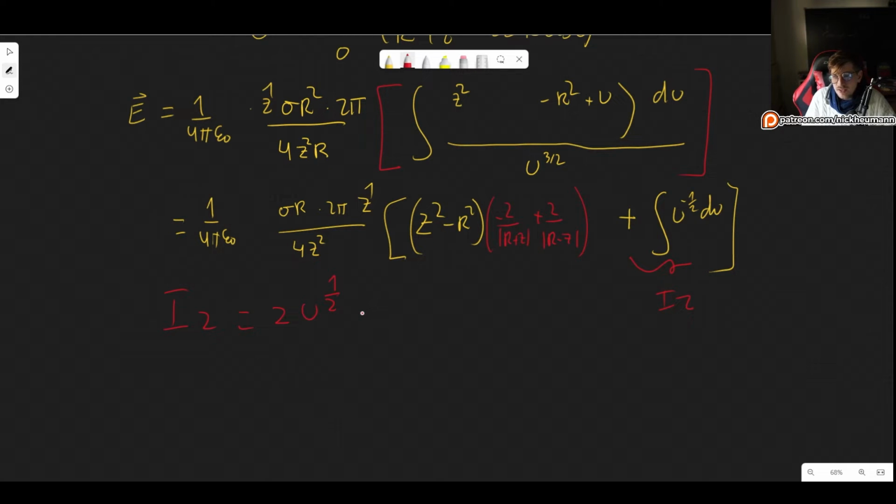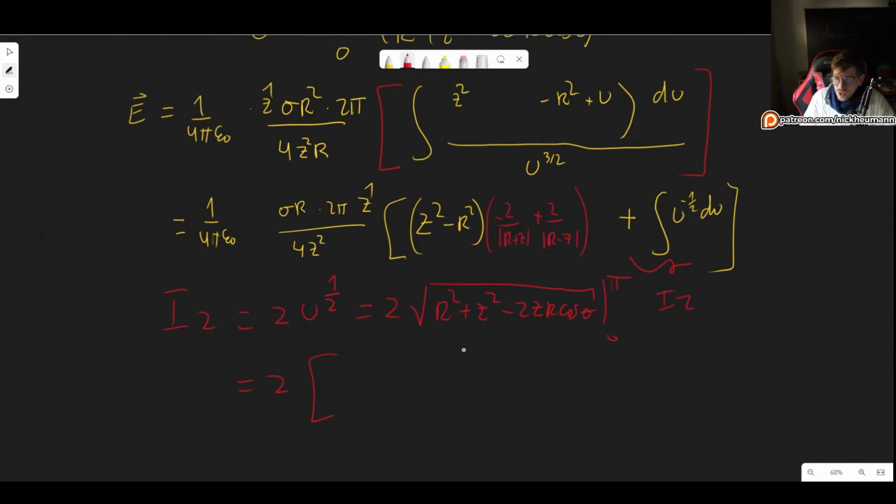And now we need to undo the substitution. Again, what was the substitution? The substitution was r squared plus z squared minus 2zr cosine of theta. And this thing is evaluated between 0 and pi. So here we have 2, and now let's do it like this.